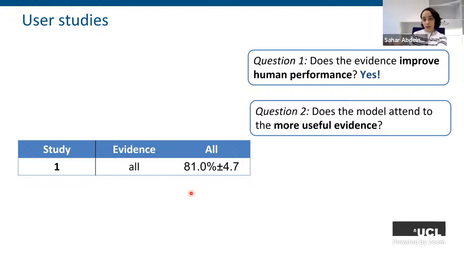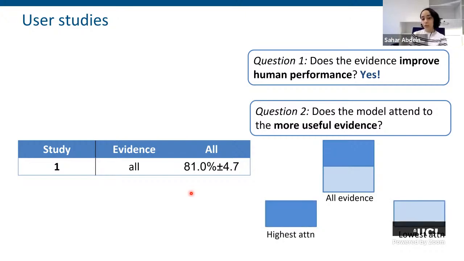So using another 100 pairs that have enough evidence retrieved, we sorted the evidence according to the attention of the model. And then we performed two variants of this study. In the first variant, we show users the highest attention, and in the second one, we show them the lowest attention, and this was done by non-overlapping users.